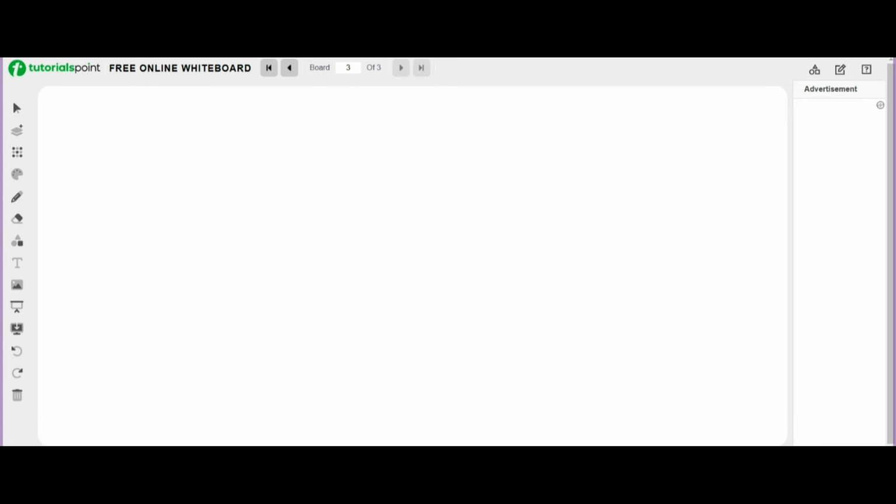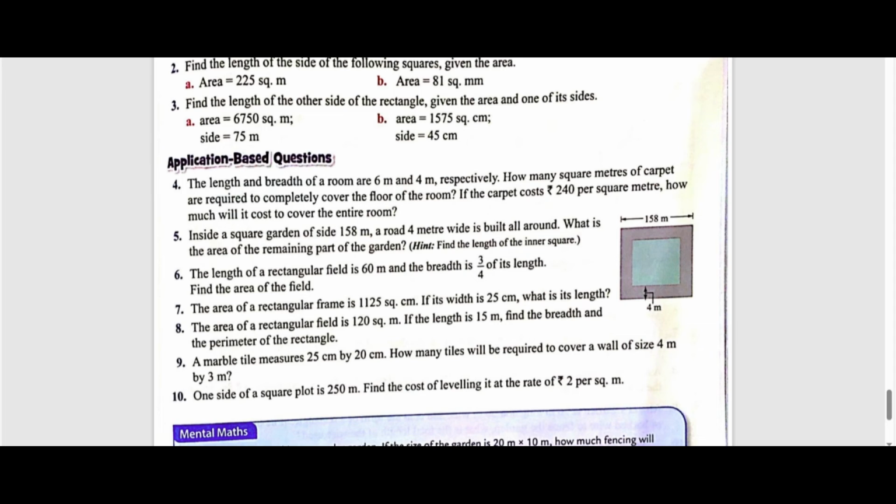So the next question is, Aryan, read the next question and explain. They also give you the hint: find the length of the inner square. So the length of the field is 60 meters, is it?